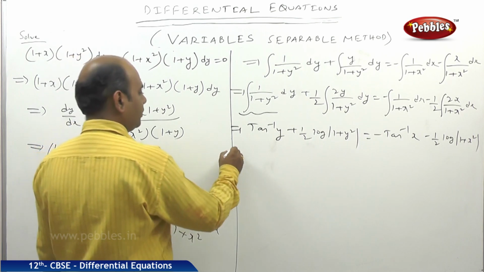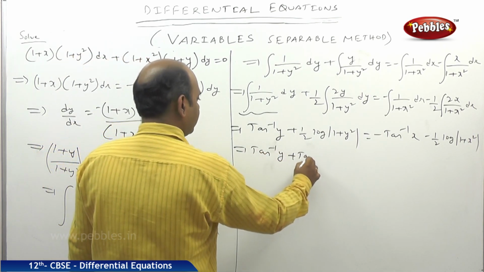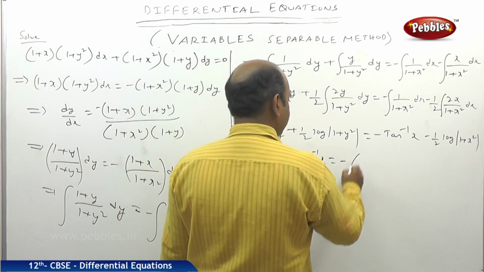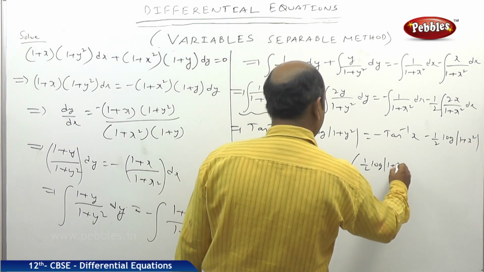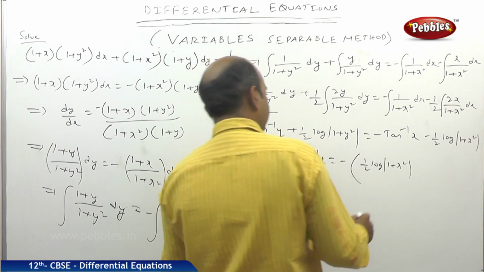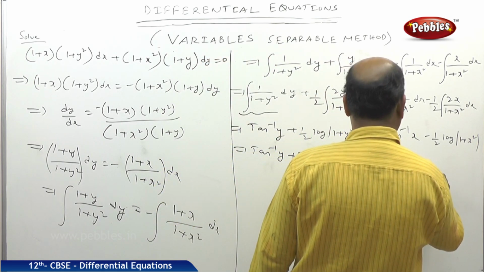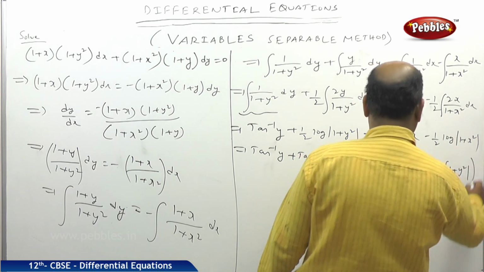So later what I will be doing? I will bring tan inverse y plus tan inverse x to one side, that is equal to minus 1/2 log|1 + x²| plus 1/2 log|1 + y²|.